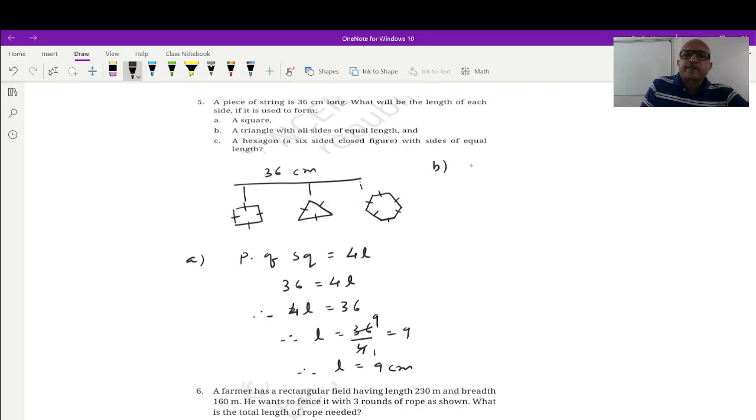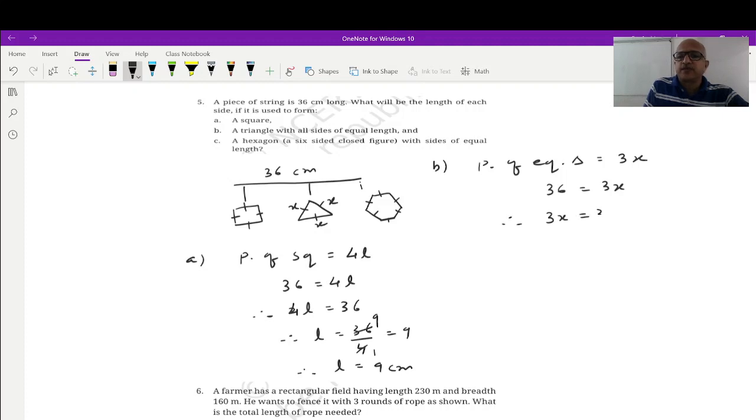Then perimeter of equilateral triangle, all sides will be equal. So we can say 3x, because the length of each side is the same. So x plus x plus x, that is 3x. Again that is 36. Now we need to find out x, which is to the right hand side. So let us transpose whole.